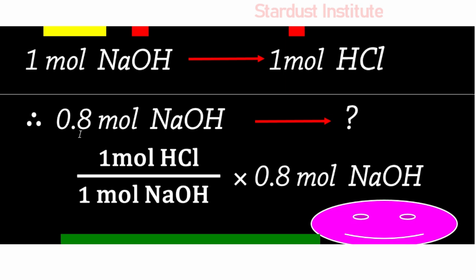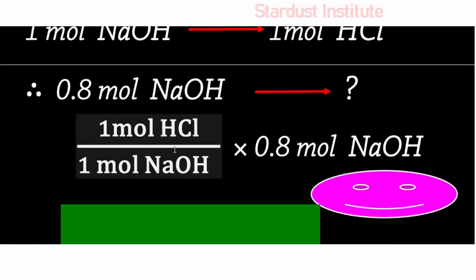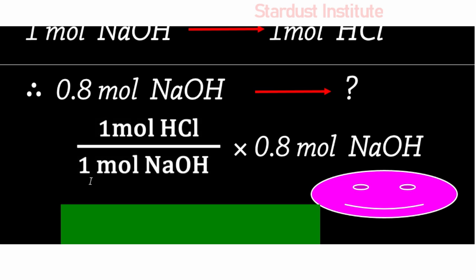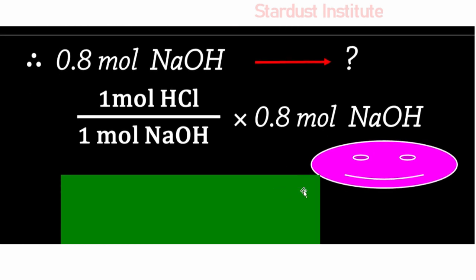Then to react with 0.8 moles of sodium hydroxide, how many moles of HCl are required? We can find the answer in this way: 1 mole HCl divided by 1 mole sodium hydroxide multiplied by 0.8 moles of sodium hydroxide.